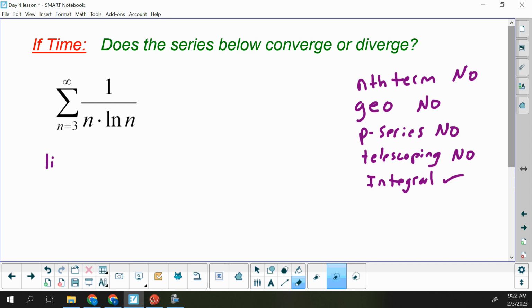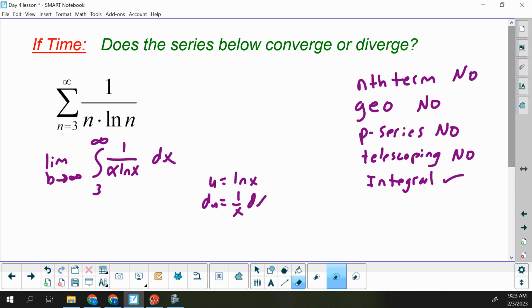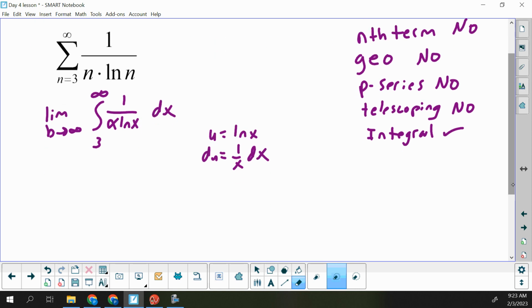I'm going to jump right to the limit as b approaches infinity of the integral from 3 to infinity in this case, because we started at 3, of 1 over x natural log of x dx. We would want u to equal natural log of x. So du would be the 1 over x dx, and we've got a perfect match. The natural log of x is in the denominator. So we're going to have 1 over u du.